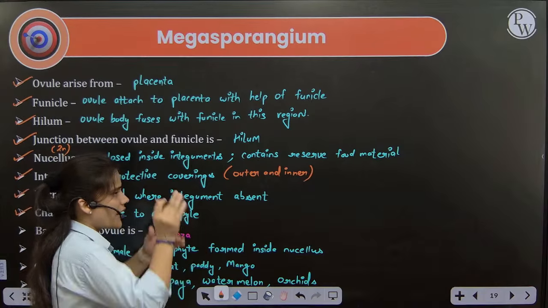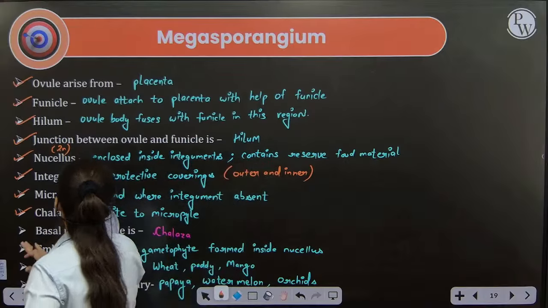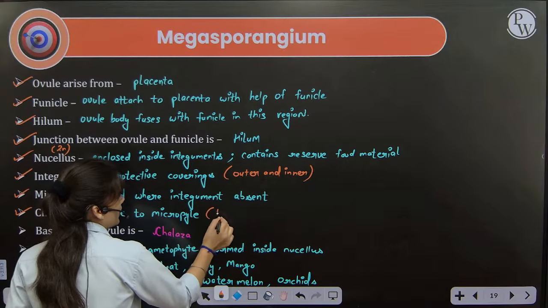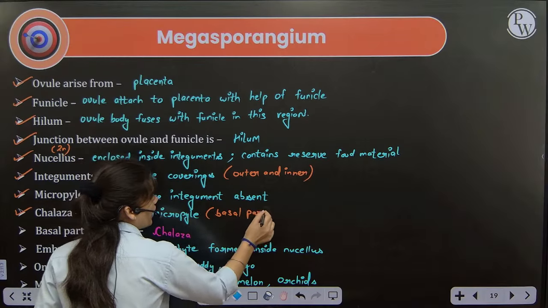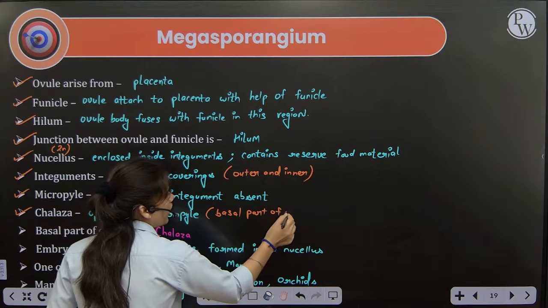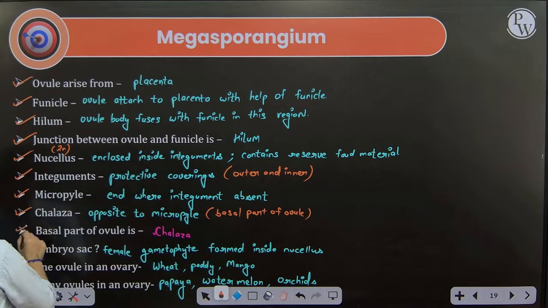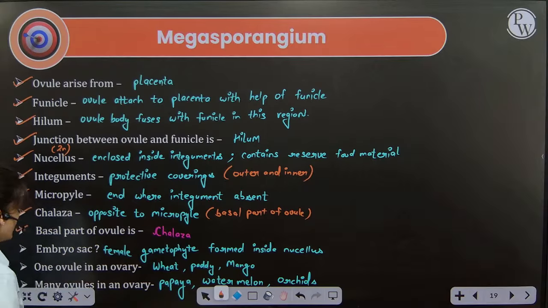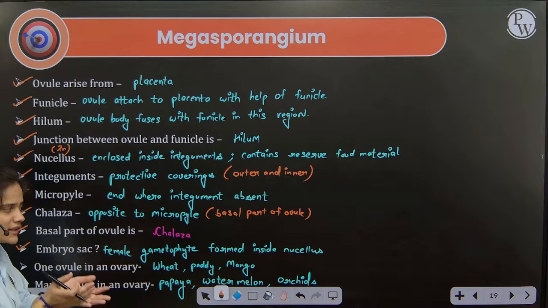Opposite to the micropyle, chalaza is present, and this chalaza is known as basal part of ovule. What is embryo sac? Embryo sac is the female gametophyte which is going to form inside the nucellus.